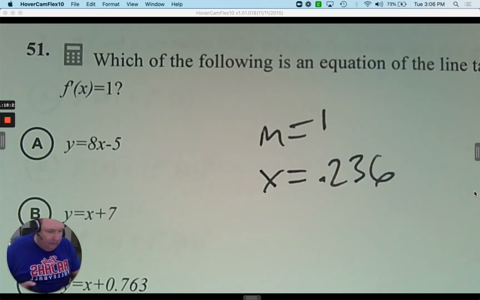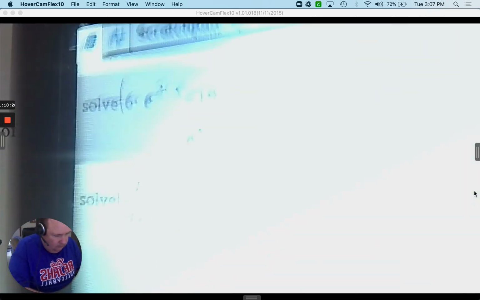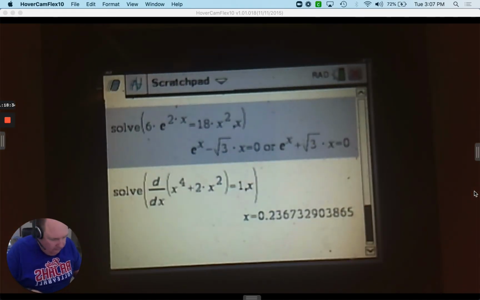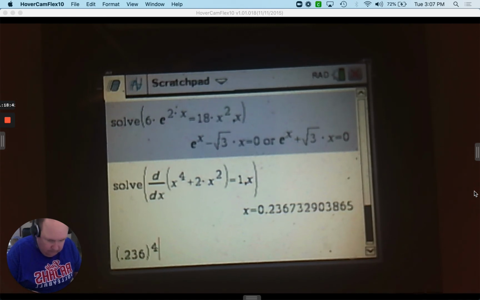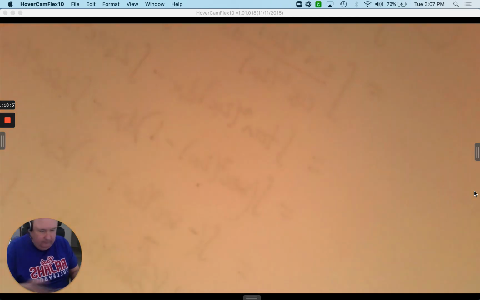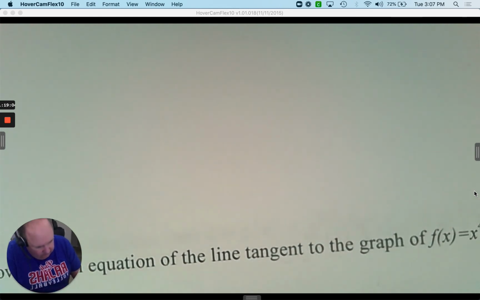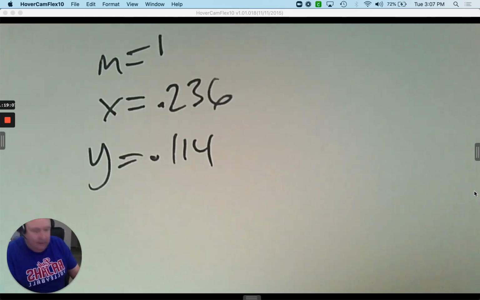And then if I plug in to find the y value, I'm just using that number, 0.236 to the 4th plus 2 times 0.236 squared, 0.114. And now can I put it together?